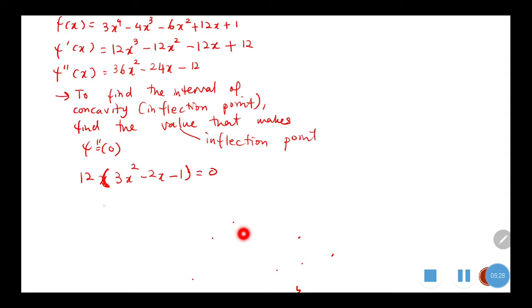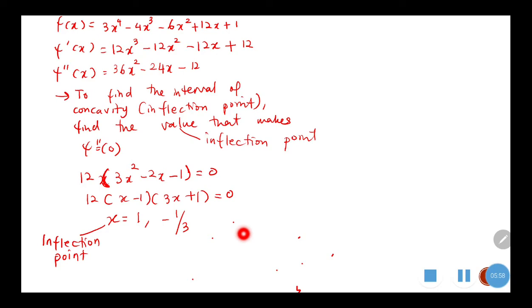It can be rewritten like this: x minus 1 and 3x plus 1 equal to 0. So now x is the inflection point: x is equal to 1 and x equal to minus 1 over 3. I hope you can understand this.